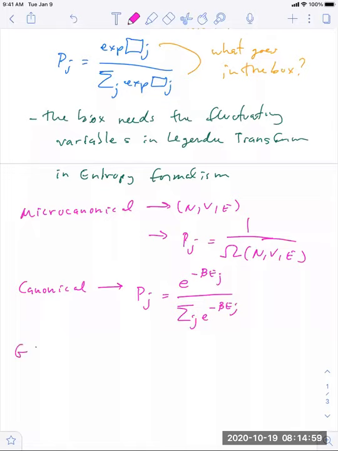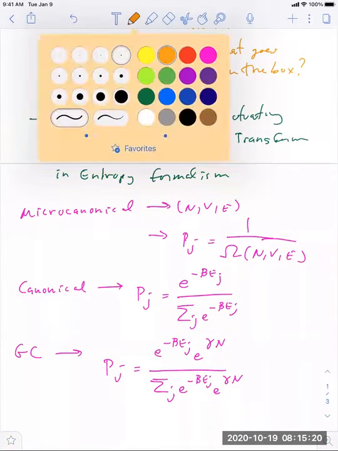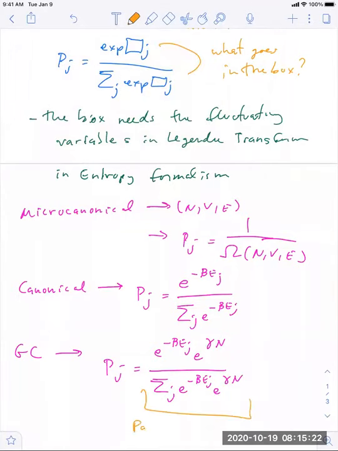And then finally for the grand canonical, now we just have energy that can fluctuate, but also particle number. And so we just include that again in the exponential. And we include that in the exponential on the numerator and the denominator, where this denominator is what we'll call the partition function.